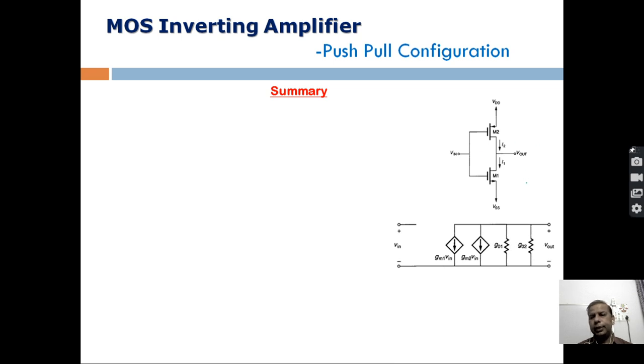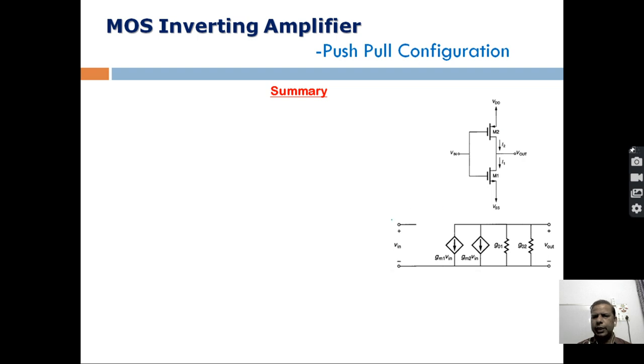In the equivalent circuit we have two input-voltage-dependent constant current sources, because here we have two amplifying devices. One output conductance is the source-drain conductance of this device, and the second component is the drain-source conductance of this second device.